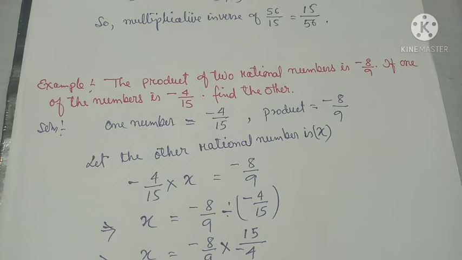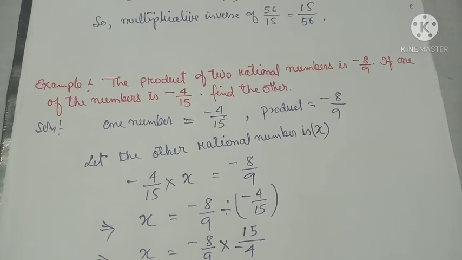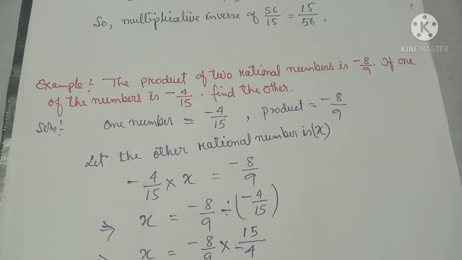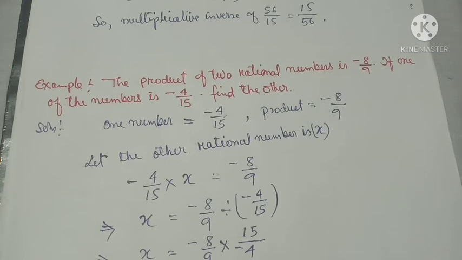Understand? Now x equals minus 8 into minus 15 over 9 into 4. Now we have to see the value of x. So you can divide these two. This one will be 5, this one will be 3, and this one also we can divide by 4, giving 2. Then minus 2 into minus 5 by 3, the answer will be 10 by 3.